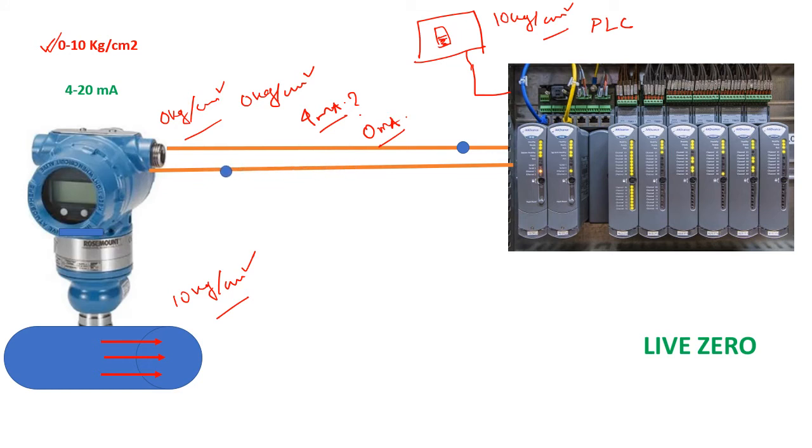The reason behind this: the transmitter is connected through intermediate junction boxes, there are terminals inside the transmitter, terminals in the junction box, then a marshalling cabinet at the PLC. So anywhere in between, a terminal may become loose.